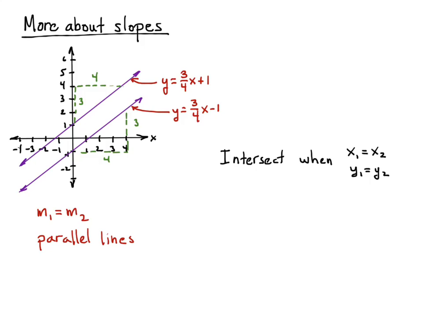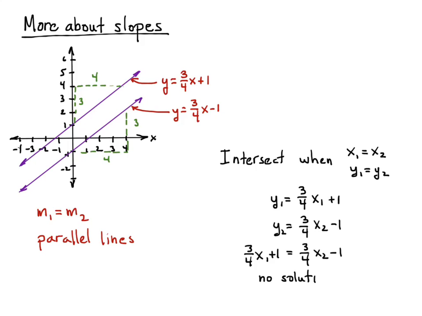If they did intersect, you would expect that the x's would be the same and the y's would be the same. So if you gave it an x, you'd get the same y out of both if those two lines intersected. So if we said the first line has that equation, the second line has 3/4 x minus 1, and we set the two equal to each other, you see there's no solution to this, right?